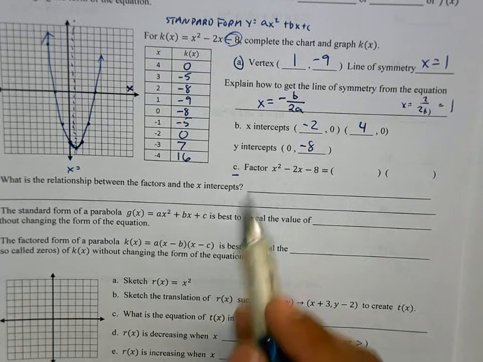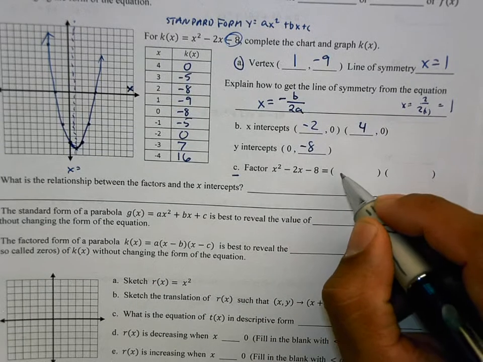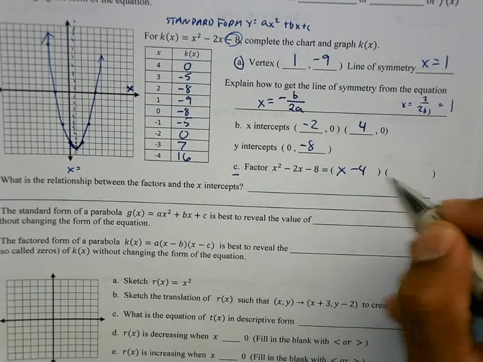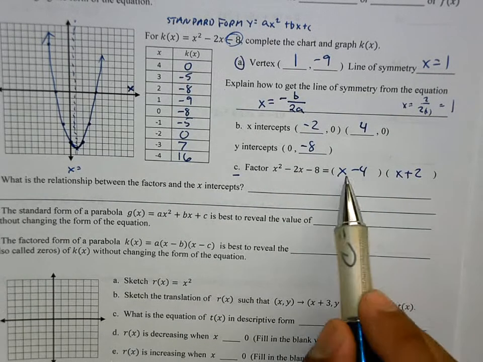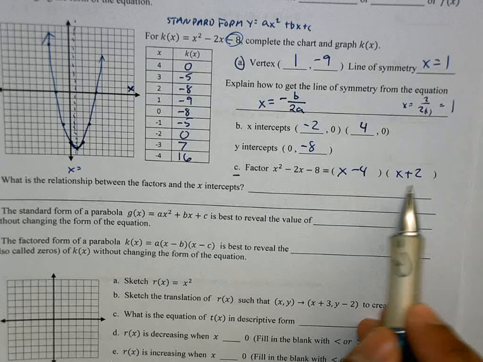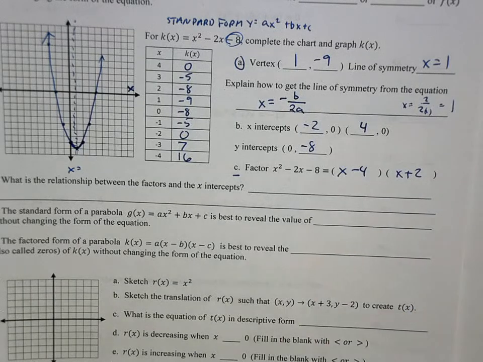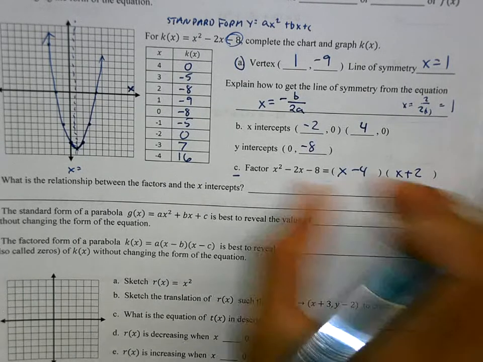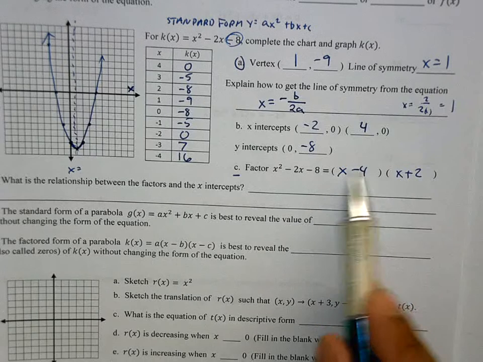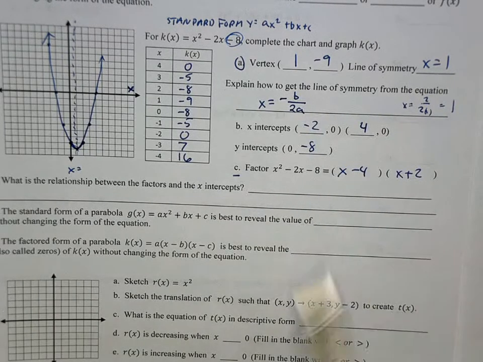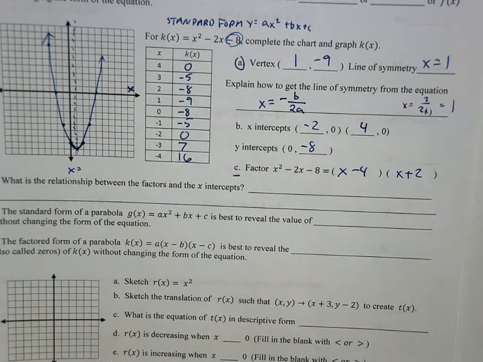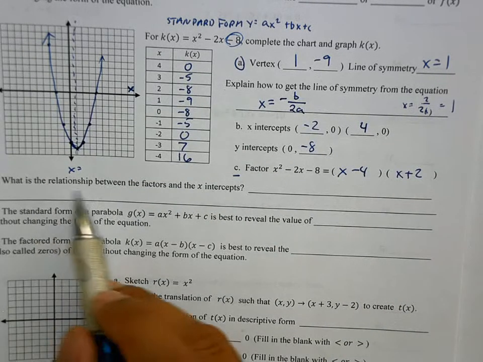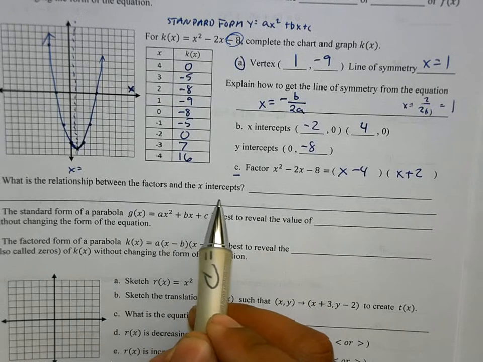And then if you were to factor this, x minus 4, x plus 2, this times that is negative 8, and 2x and negative 4x makes negative 2x. That multiplies to be that. You could see how this factor and this factor equaling 0 would show you where the intercepts come from. What is the relationship between the factors and the x-intercepts?